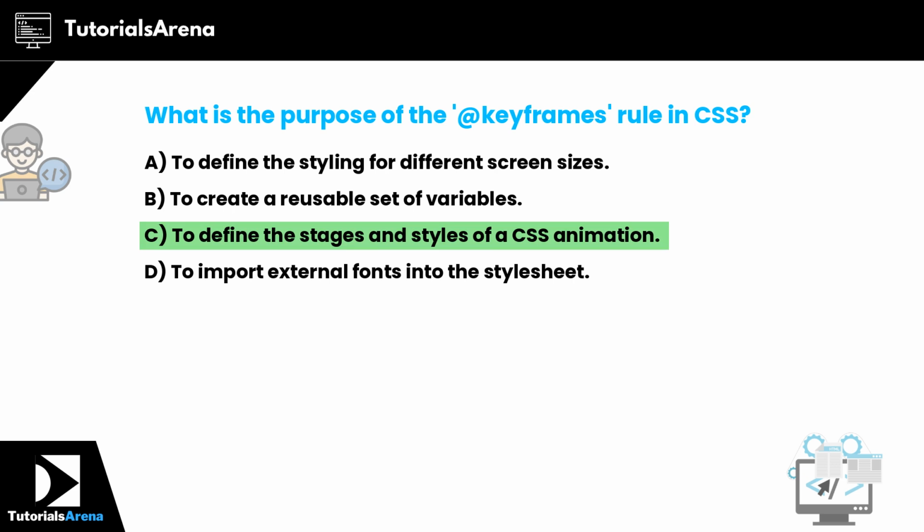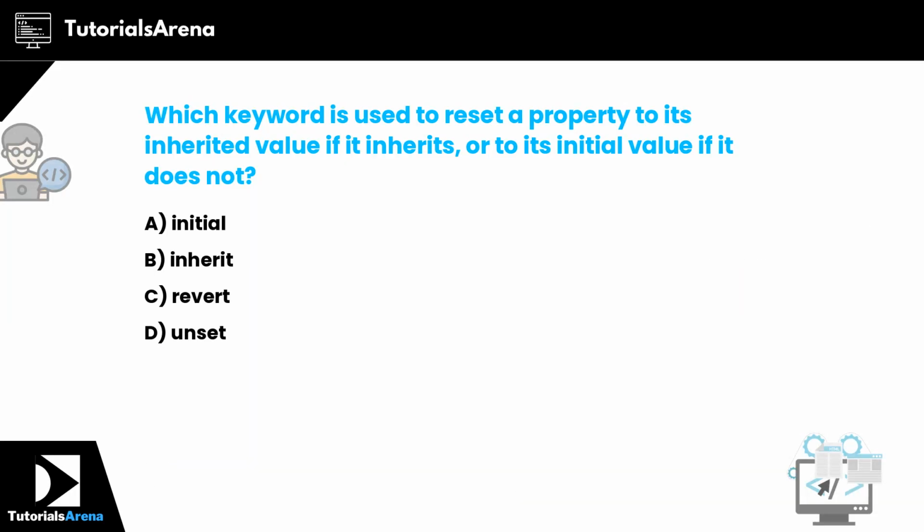The correct answer is option C, to define the stages and styles of a CSS animation. Which keyword is used to reset a property to its inherited value if it inherits, or to its initial value if it does not? The correct answer is option D, unset.